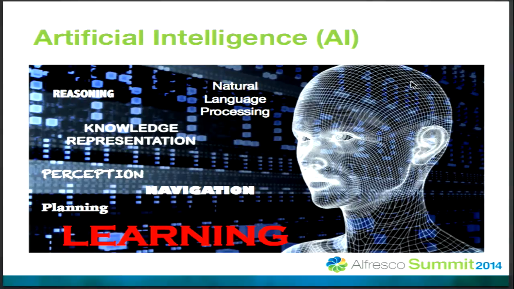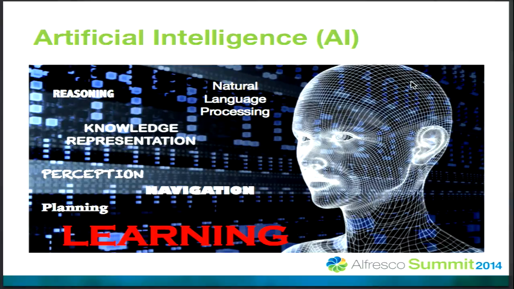So basically artificial intelligence is enabling machines to do tasks that require human intelligence. Those tasks can be problem solving, thinking, knowledge, reasoning, and navigation. In artificial intelligence, there are different areas to address each of these.